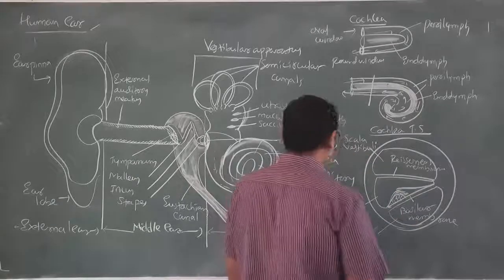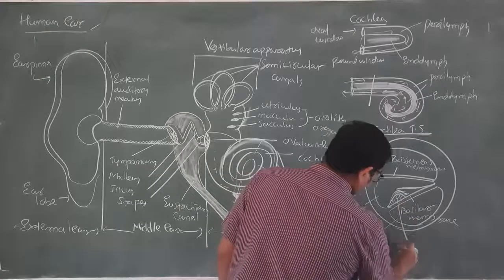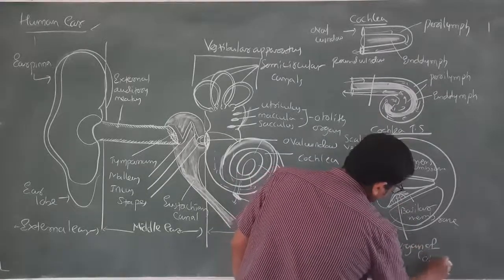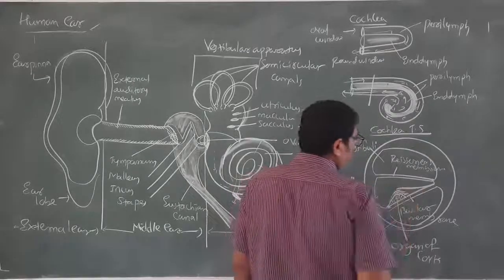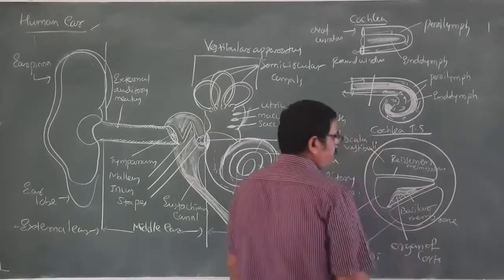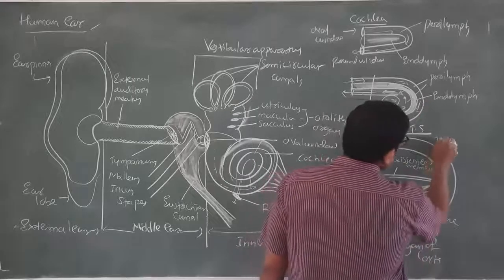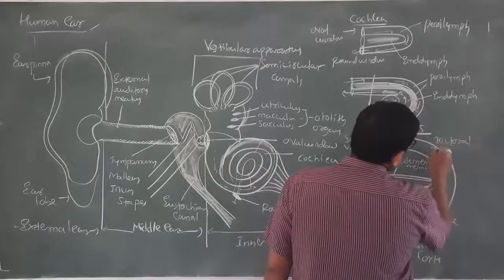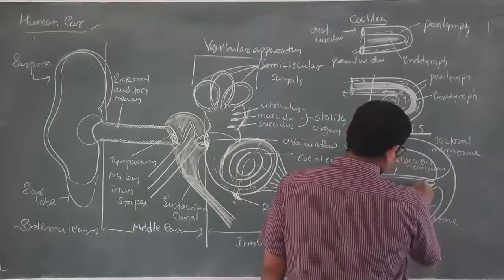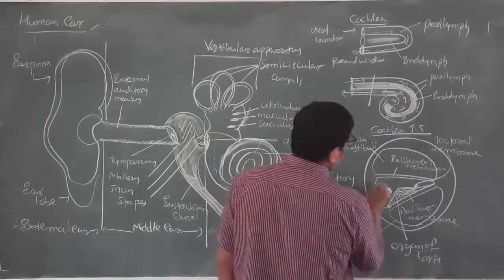This is called the organ of Corti, the most important part. And this is the tectorial membrane, and these hair-like structures are called stereocilia.